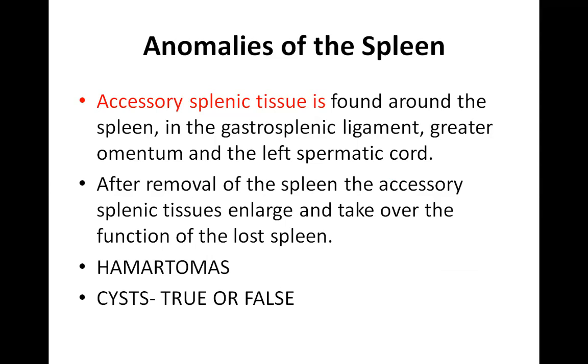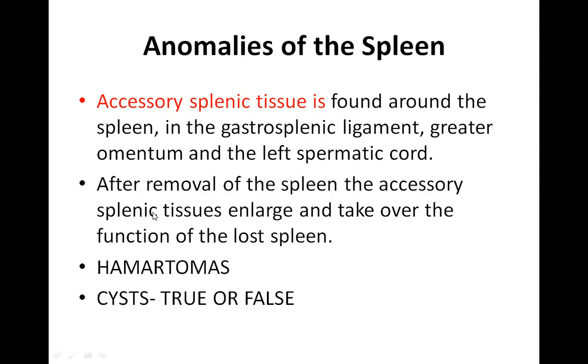There are various lobules since it is a mesenchymal condensation, and then they fuse together. So the upper border is mainly notched. This notching is because of the fusion of these different lobules. Whenever there is failure of fusion of these lobules, they will be present as accessory splenic tissue, and the sites are the gastrosplenic ligament, the greater omentum, and the left spermatic cord.